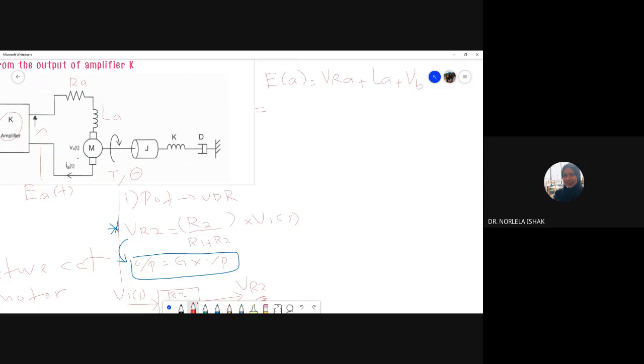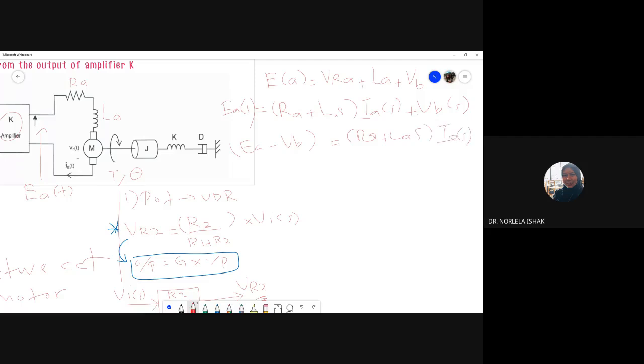Okay, so meaning this one is RA plus, what's the impedance for an inductor? LS, right? LAS, and this you multiply with the current, and then you have to add the back EMF. Okay, right. So from here, we simplify voltage EA minus VB equal to RA plus LAS, and this is the current.